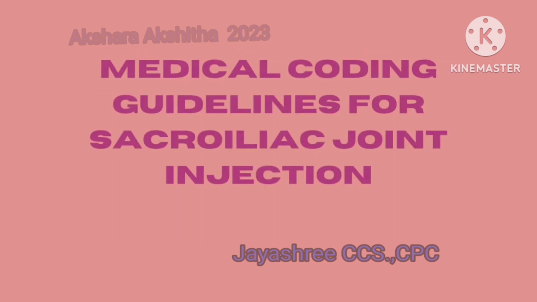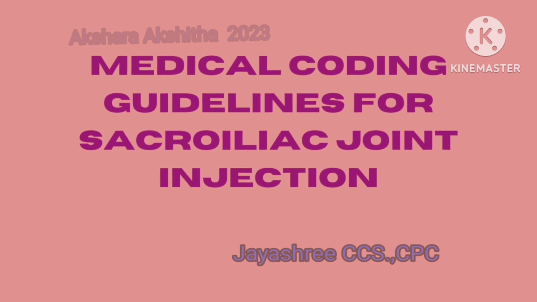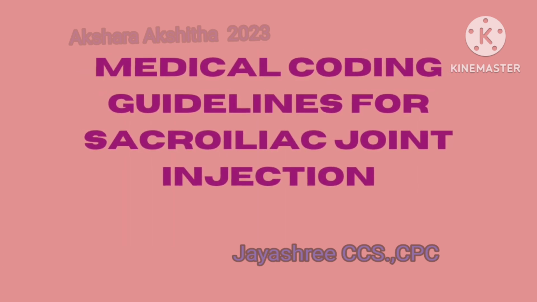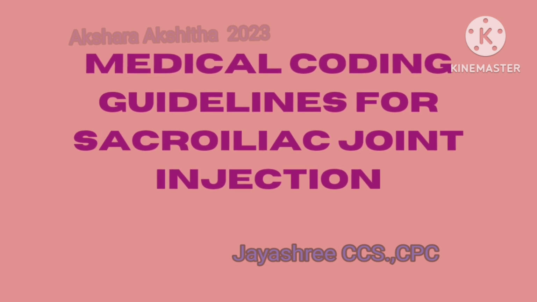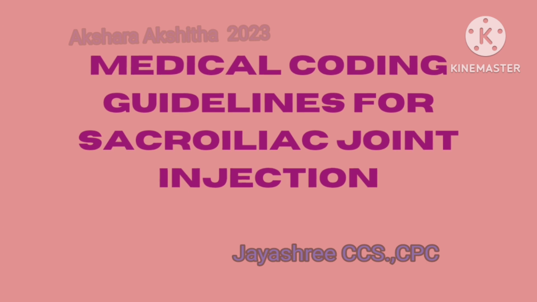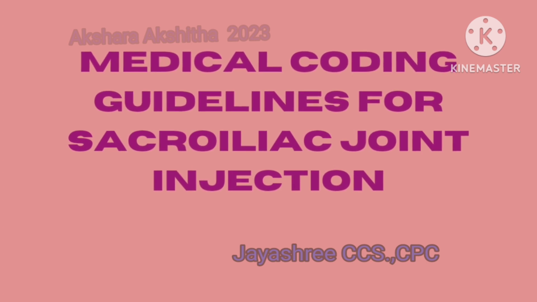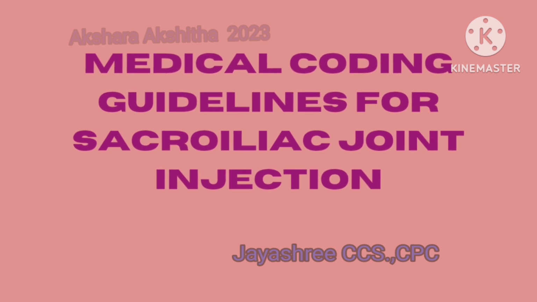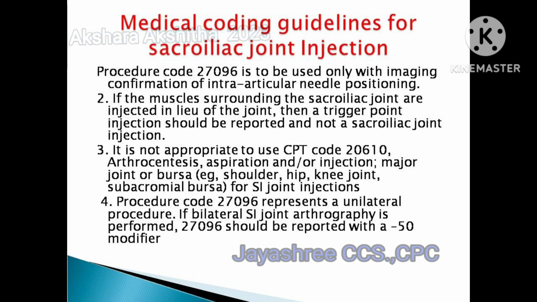If CT is not used, then 20552. If the sacroiliac joint injection is performed bilaterally, then append the 50 modifier to 27096. Whenever this injection is performed, especially to the sacroiliac, don't code from the normal 20610 series codes.